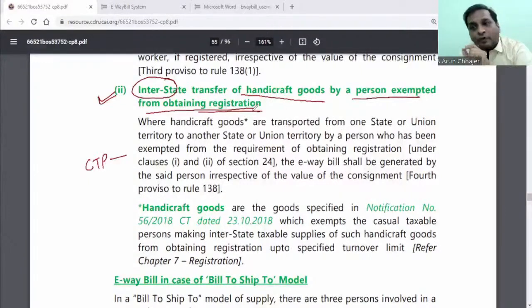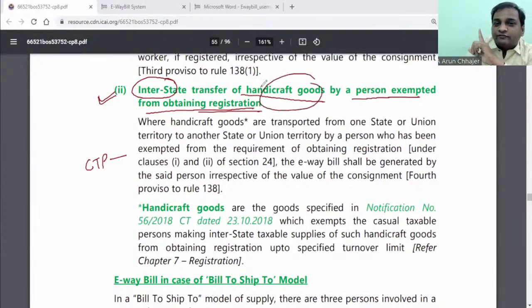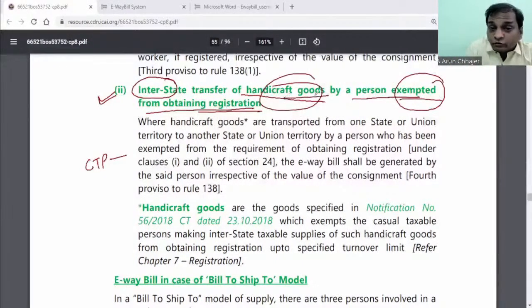But yes, he can supply handicraft goods. Even interstate, he is not required to take registration up to 20 lakh or 10 lakh as the case may be. You can go back to the registration chapter and check what relaxation is available to handicraft goods. But in this case, if a person has taken the relaxation or is not required to take registration in GST, and he is moving the handicraft goods interstate, an e-way bill is mandatory.